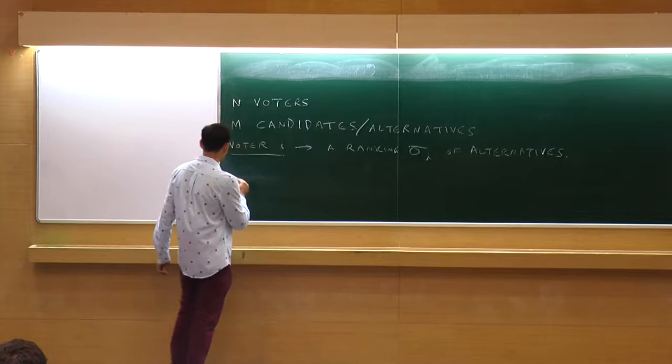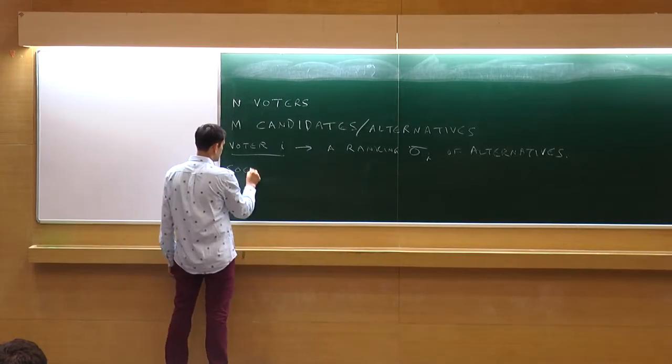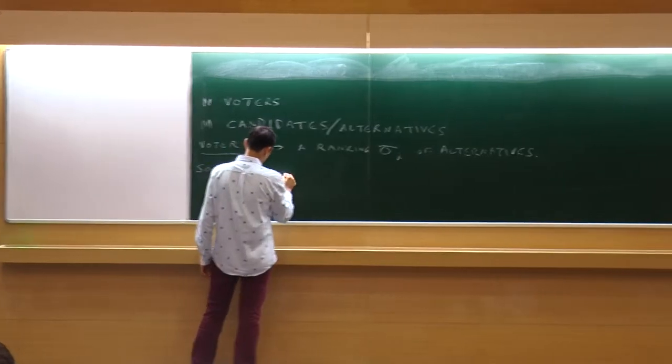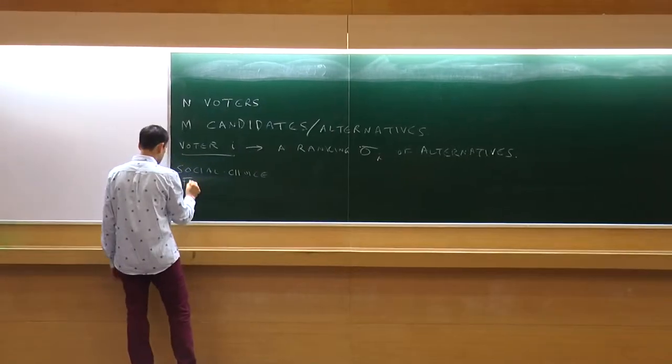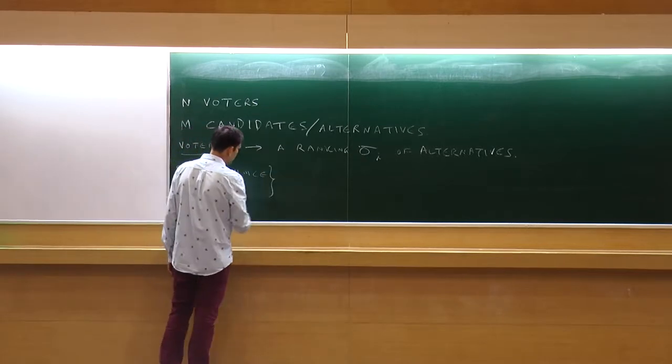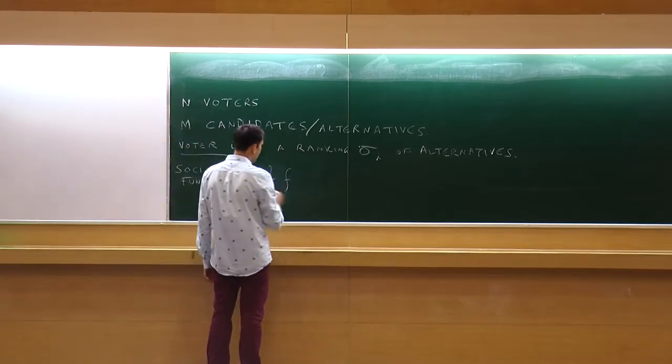Okay. So a social choice function F, and there are two alternatives.